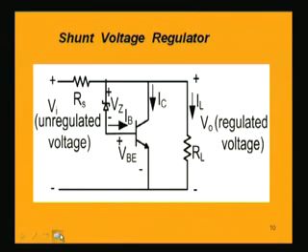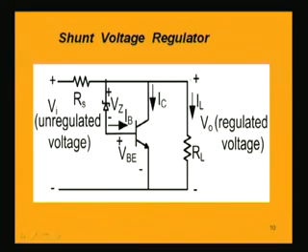In the shunt voltage regulator, as the name suggests, the immediate thing that comes to mind is that it is shunting away some current. That is exactly what is happening if we look into this circuit having the shunt voltage regulator. We have a Zener diode as well as a transistor here also.